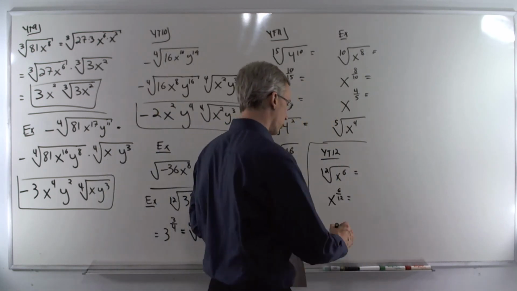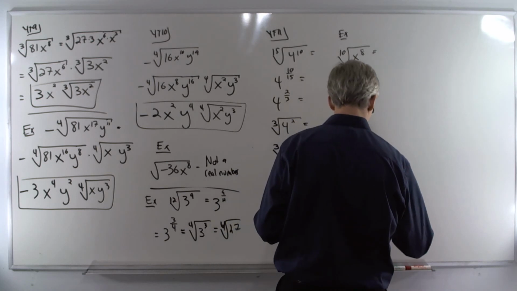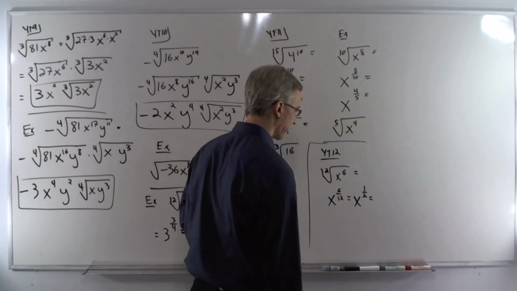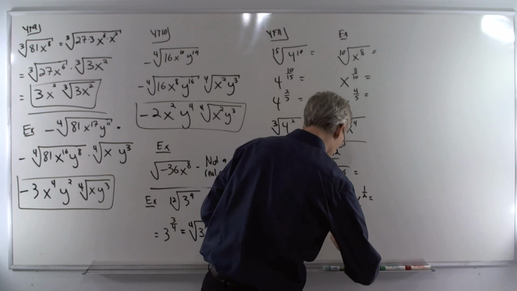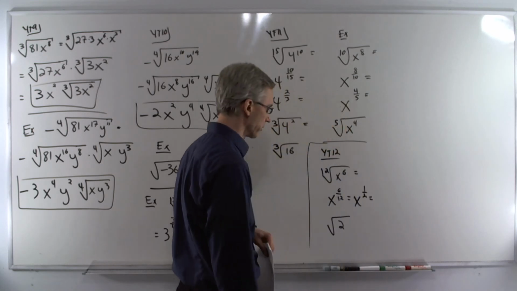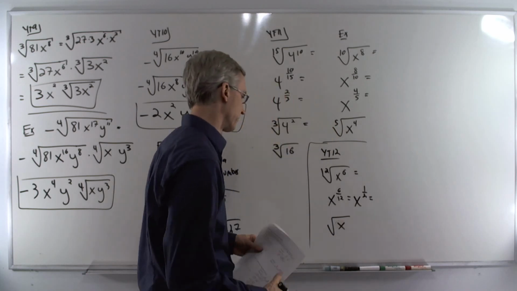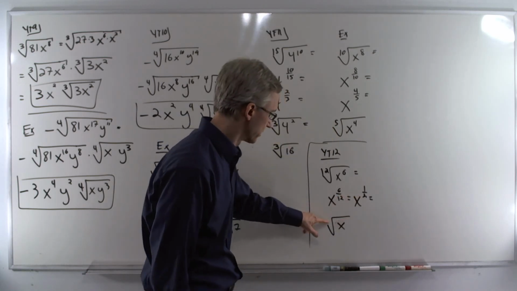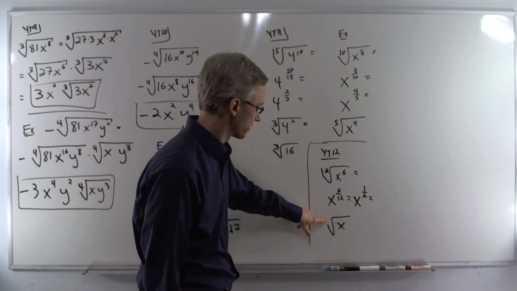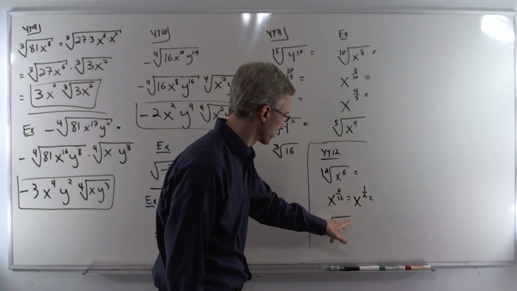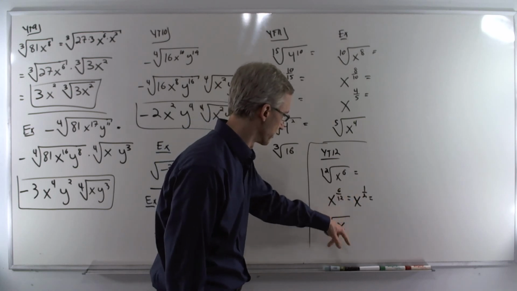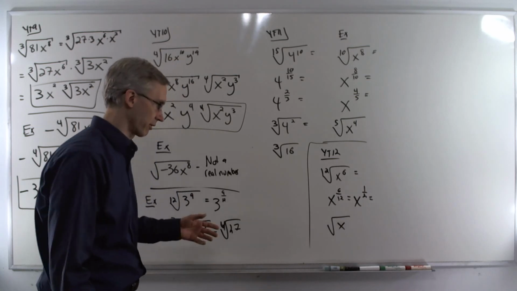Reduce that fraction to 1/2. And a 1/2 exponent means the square root of x. Right? 2 becomes the index. We don't write it because that's implied. So we have a square root. And x is to the 1st power, and we don't write that one either. That one's implied as well. So square root of x.